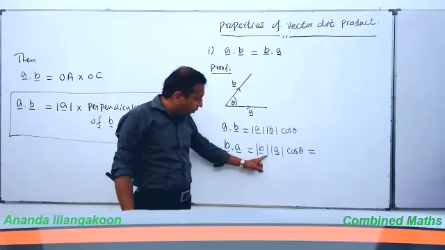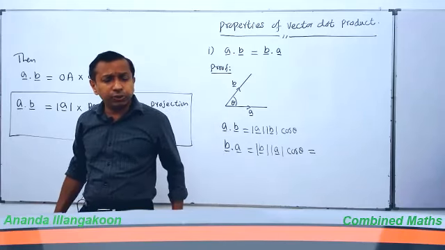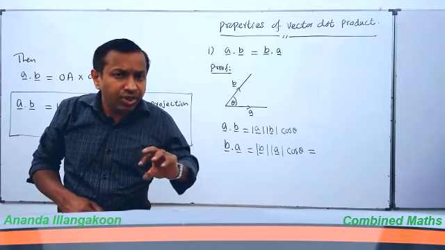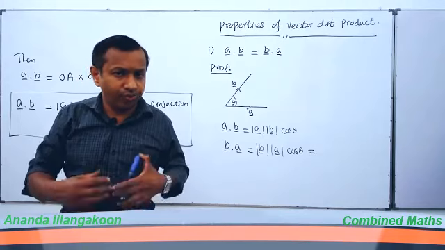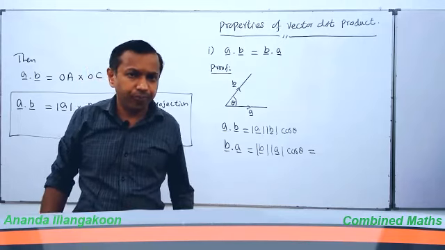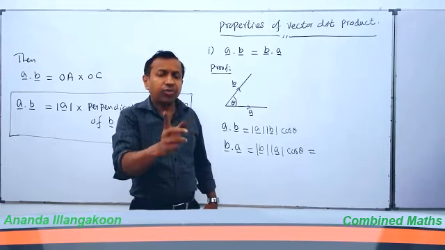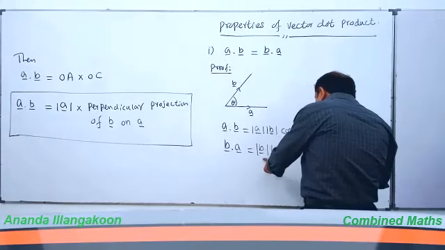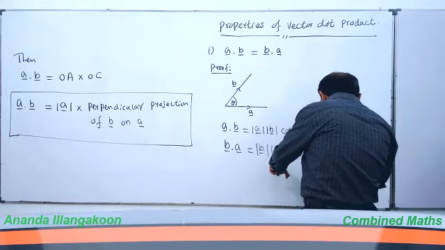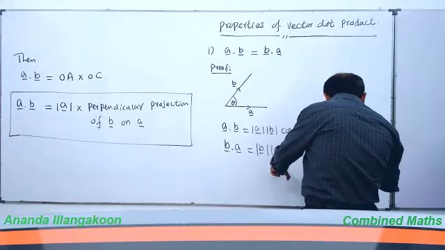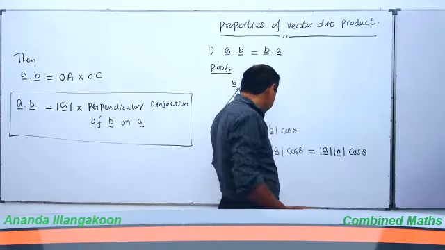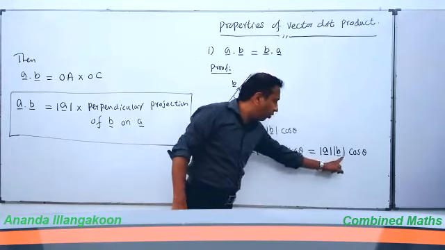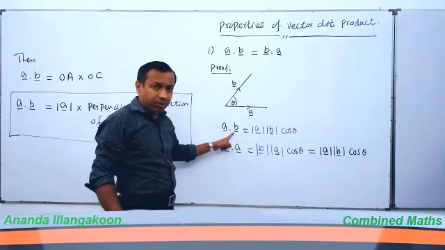But this mod B and mod A are two real numbers, no? When we multiply two real numbers, though we change the order of multiplying them, the answer won't change. 2 into 3 is equal to 3 into 2. Then I can interchange the order of mod A and mod B and write mod A, mod B, cos theta, like this.